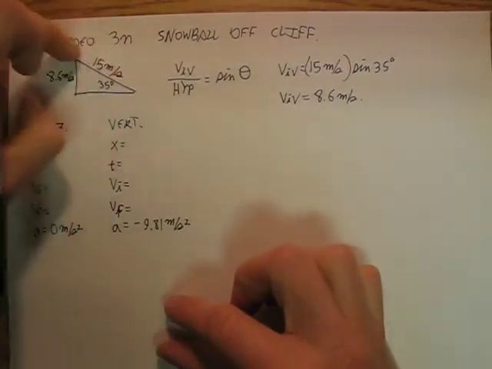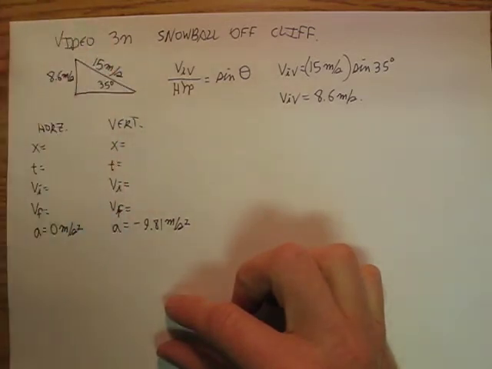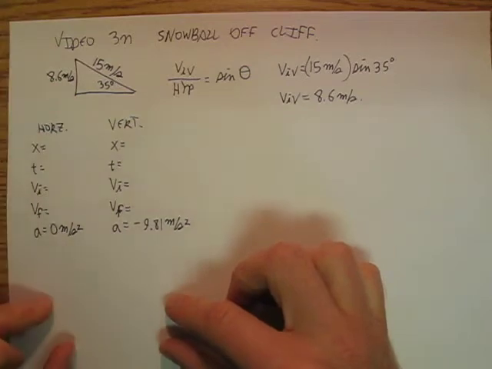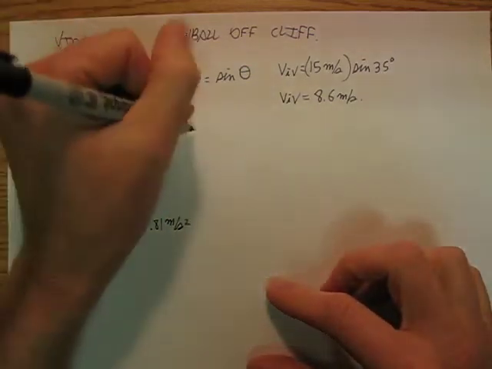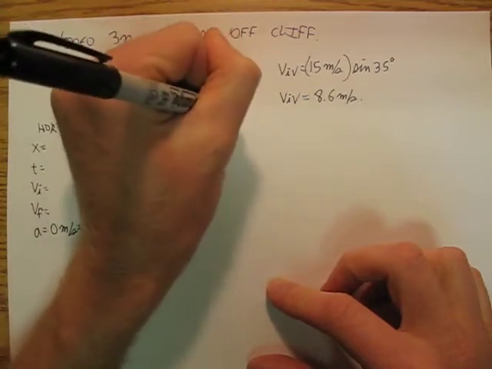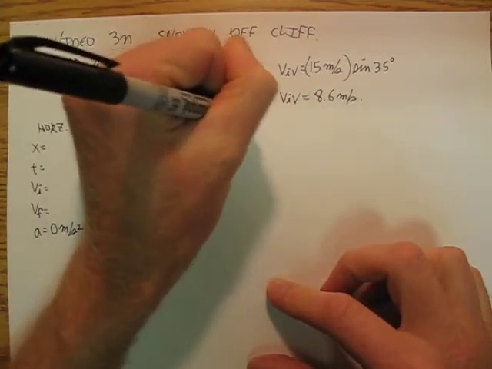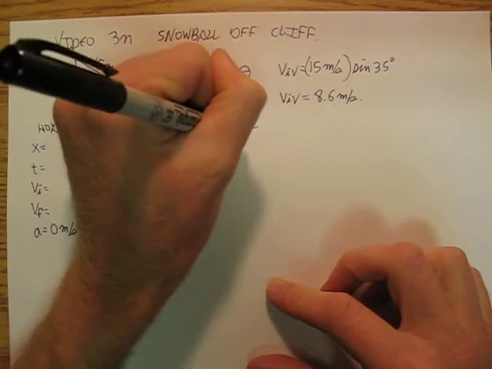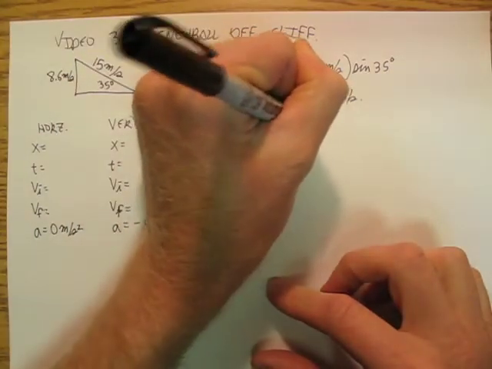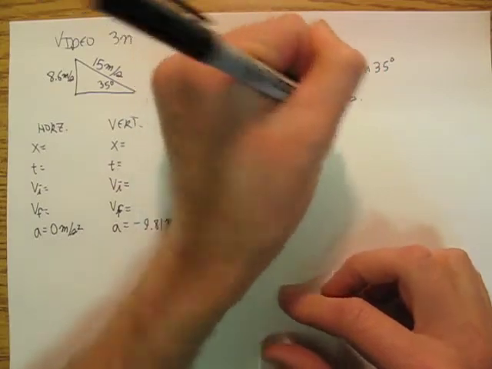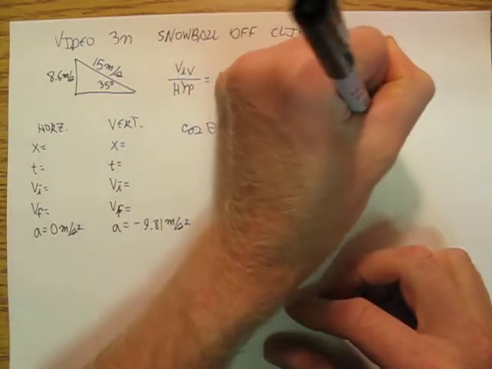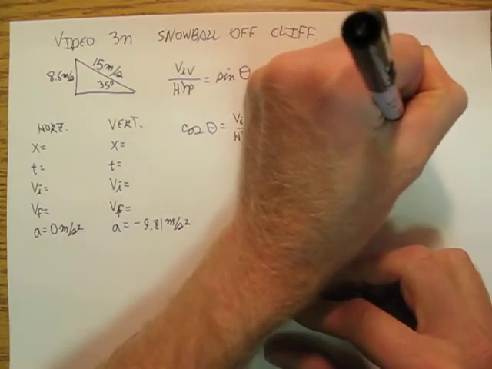So I'm taking this velocity that's at an angle and I'm breaking it into the vertical component and the horizontal component. And then we have cosine theta is equal to V_i horizontal over hypotenuse. I'm going to get V_i horizontal is going to be 15 meters per second cosine 35 degrees.